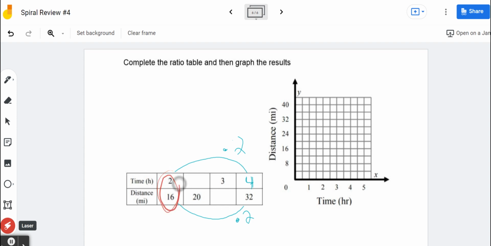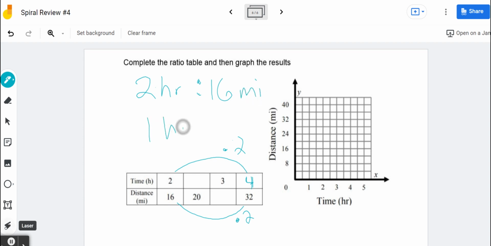That means you have to change this ratio to a unit rate. Change this to a unit rate. So in this case, it looks like, all right, 2 hours means I'm traveling 16 miles.